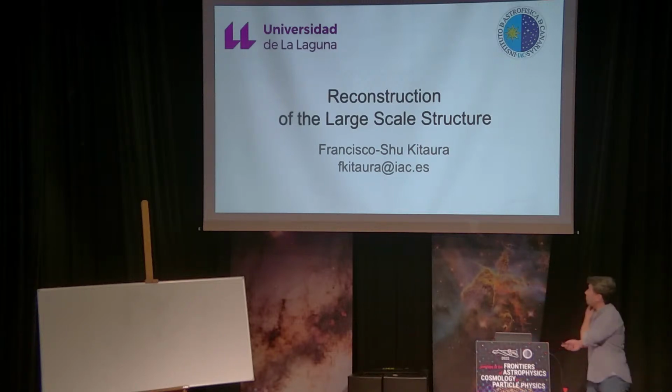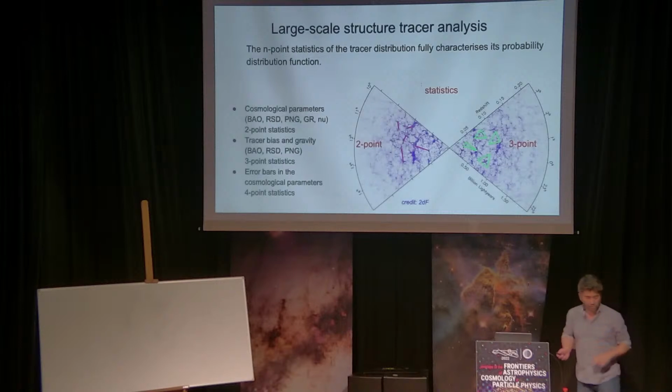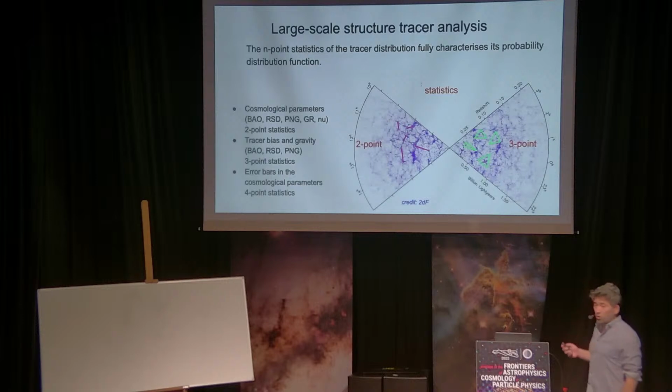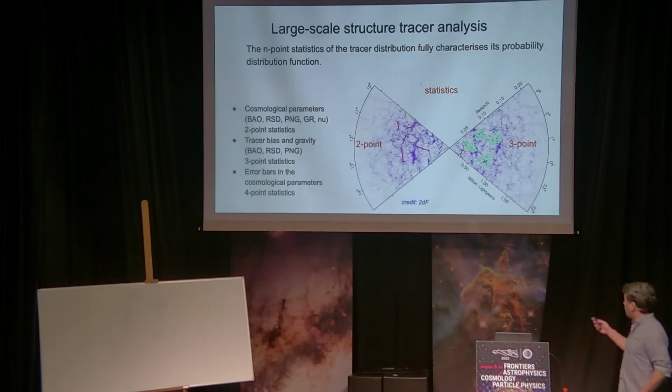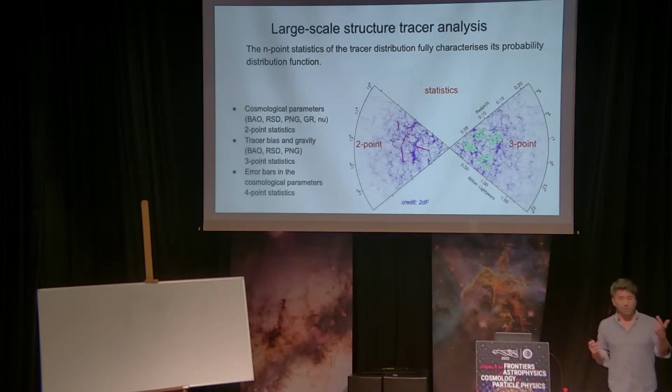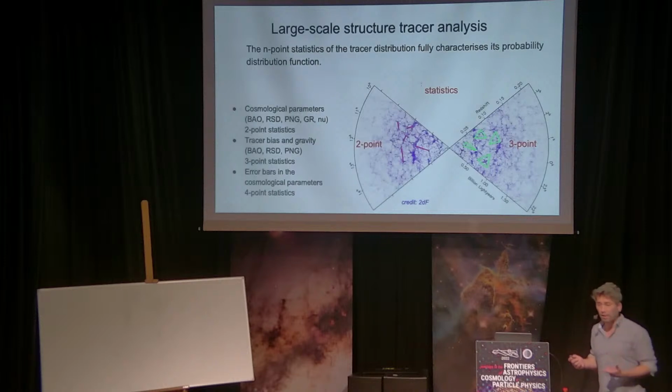So I'll talk about reconstructions of the large-scale structure. And the first thing I want to mention is that when we analyze data from galaxy surveys, we essentially look at the statistics. For instance, the 2-point or the 3-point statistics. We can measure correlation functions, for instance, by throwing sticks of different sizes and see whether there is a particular preferred scale.